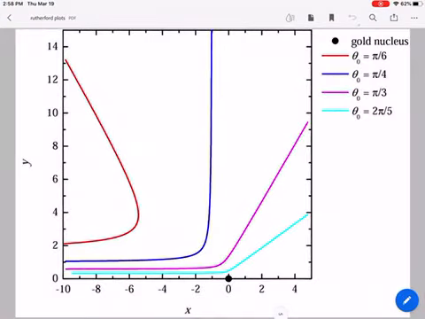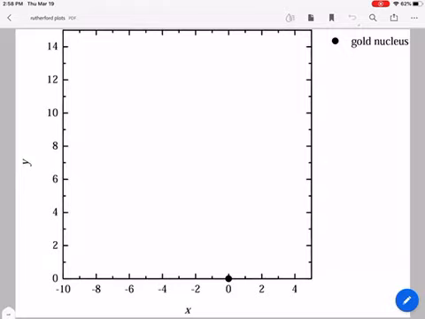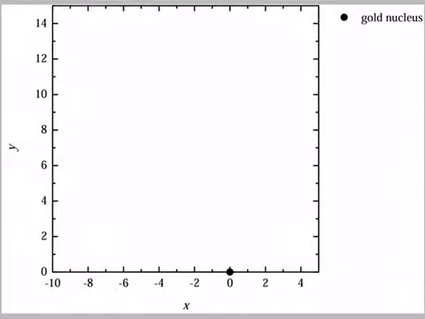If you go to the course website, you can take a look at them there as well. So here's an xy coordinate system. The single circular point is the gold nucleus position. And here is a plot for the alpha particle position when theta naught is pi/6.